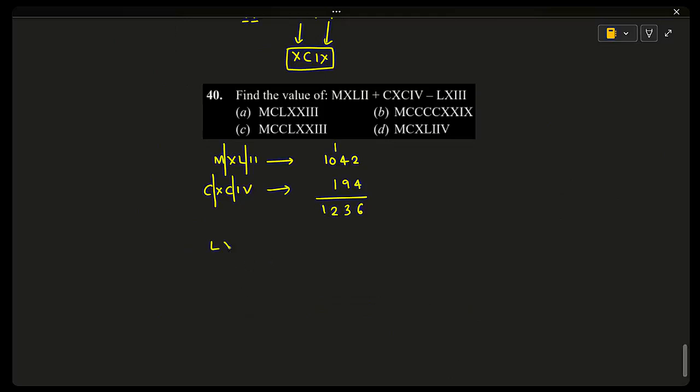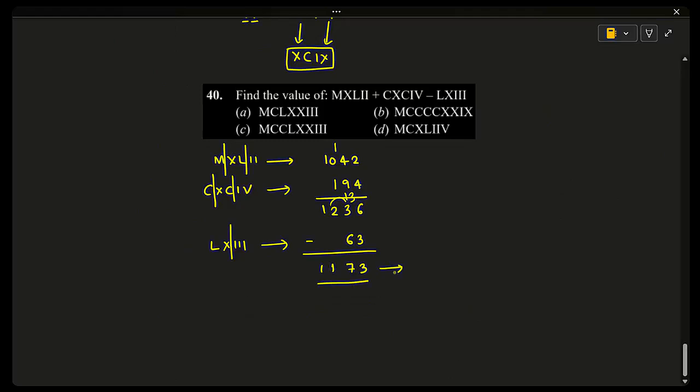Now LXII, let us convert this into numbers, Indian system. LX is 60, III is 3, so we got 63. What we need to do is subtraction. Take 6 minus 3 is 3. Take borrow, 13 minus 6 is 7, 1, 1. So 1173.